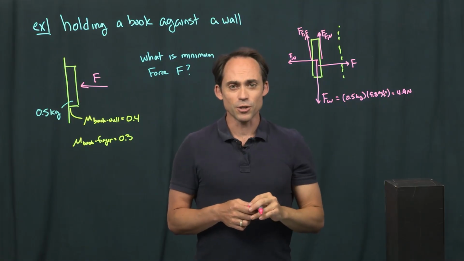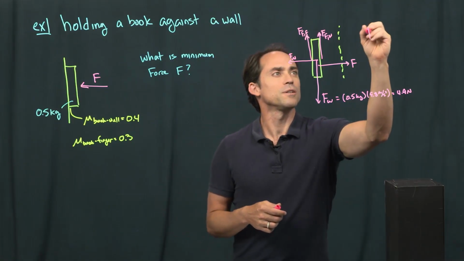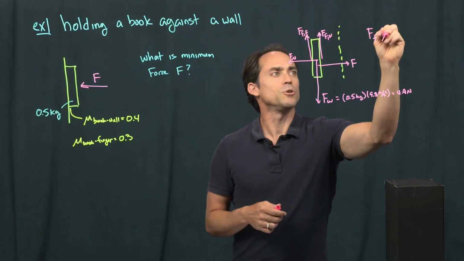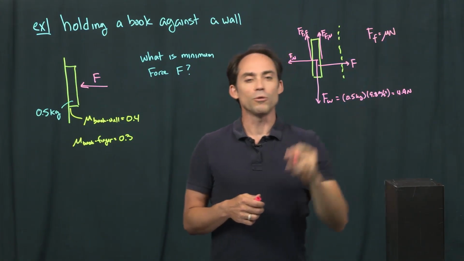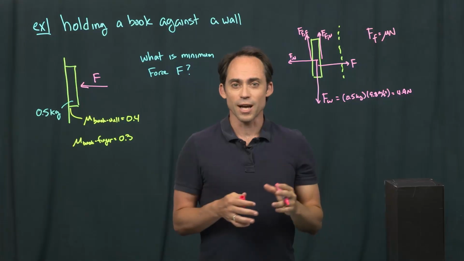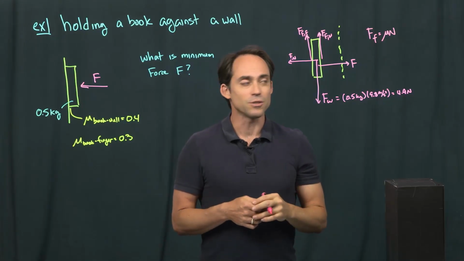Now, we have an expression for these friction forces. All right, they're equal to mu times the normal force, being the force at contact that's perpendicular to the surface.